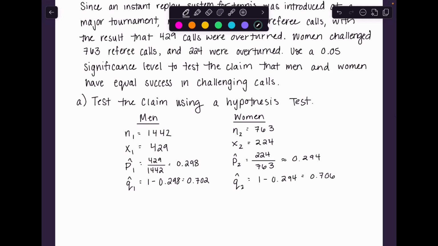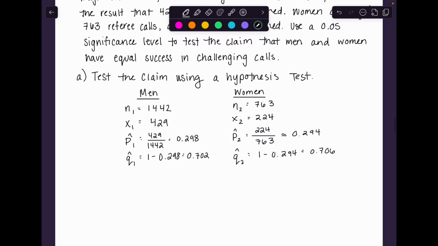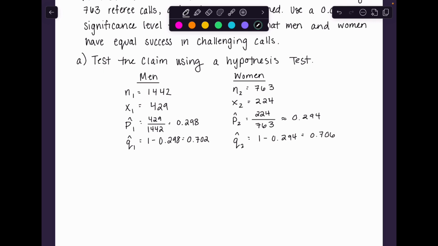So the claim is that men and women have equal success in challenging calls. So our claim is that these two actual proportions are equal to each other. So since we have equality, this is our null hypothesis, which means our alternate is they are not equal to each other. Okay?